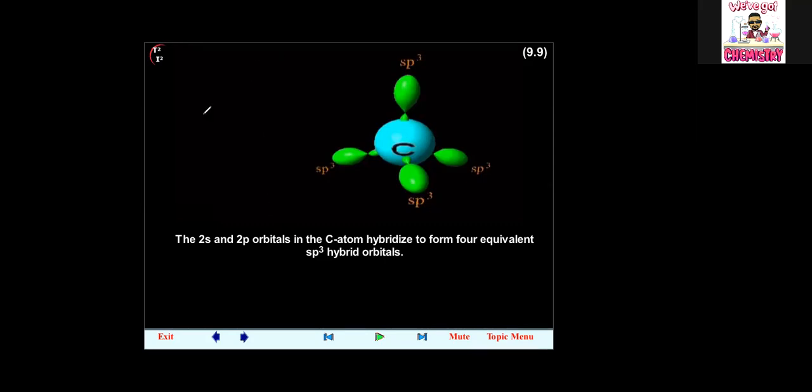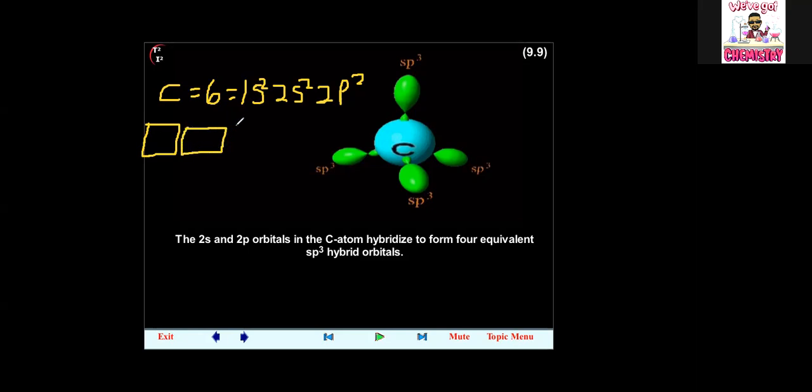Remember that when we draw the orbital diagram of carbon, carbon has 6 valence electrons, and the configuration is 1s2, 2s2, 2p2. If you draw this, the first orbital diagram is this, the second one is this, and the third suborbital is this.